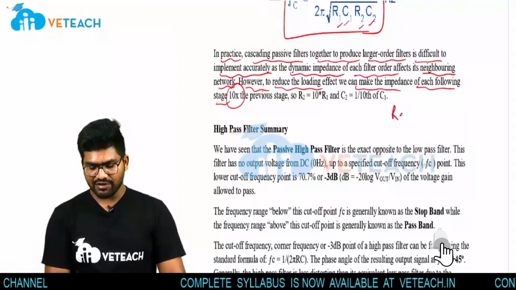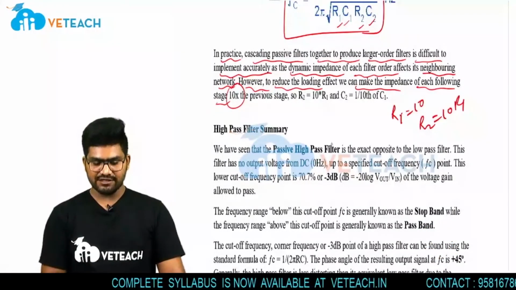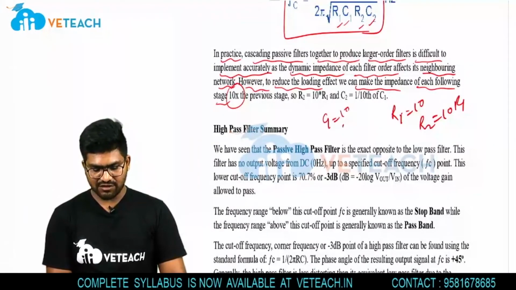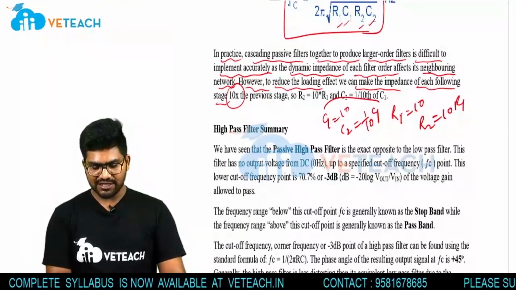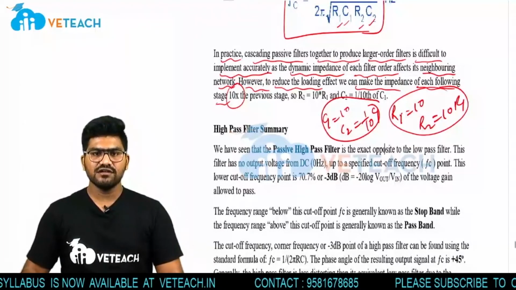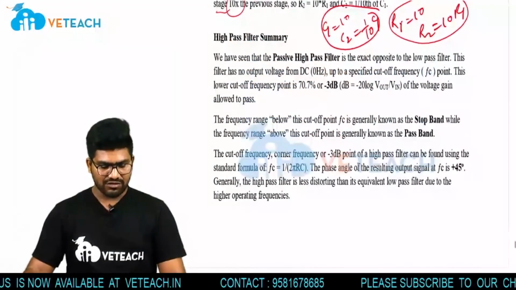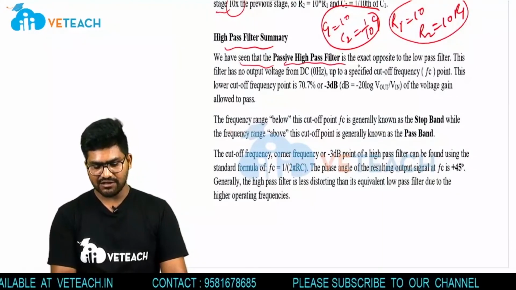Like if R1 is 10, then R2 is 10 into R1, and if C1 is 10, then C2 will become 1 by 10 into C1. If I make this type of arrangement, there is no loading effect on the second order high pass filter.